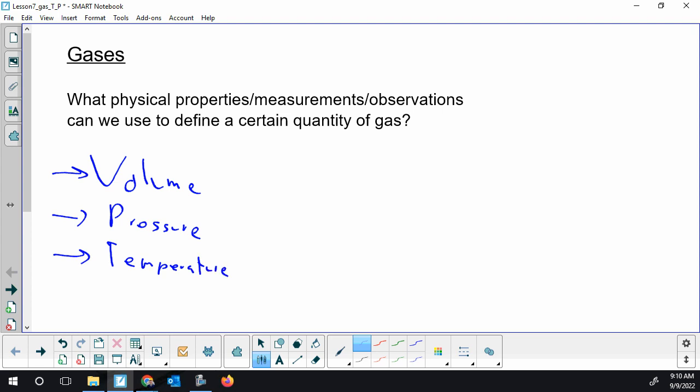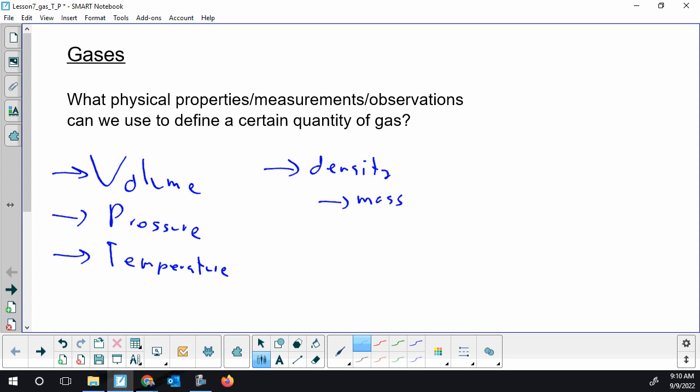Temperature is definitely something that's going to be very important. If you change the temperature of gases, you can change the volume or change the pressure. Okay. Density is something, how heavy it is per unit volume.